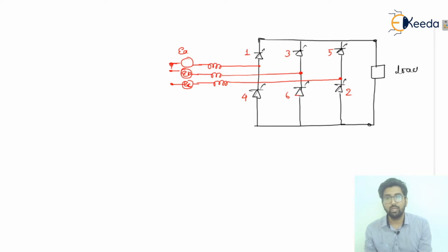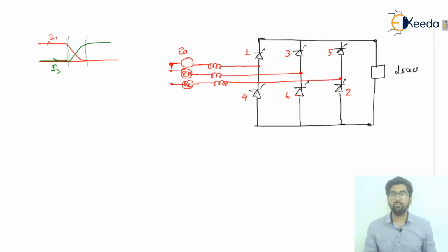Let us suppose this is the reference line and the current in valve number 1, the I1 current, was conducting like this and is about to reach 0. Here the incoming valve, valve number 3, is about to conduct, and this is the current I3, and this is actually the overlapping angle. Clear, guys?